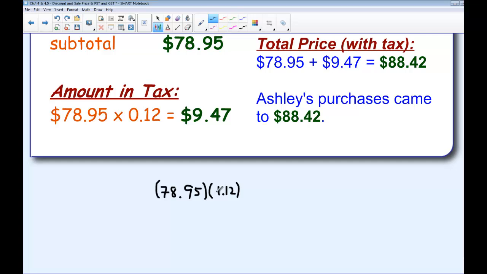This 1 then represents 100% of the $78.95, and this 0.12 at the end here, this decimal, represents then the 12% tax on top that we would be paying for tax. So therefore, if we simply wanted to know the total purchase price without having to figure out the actual amount in tax that we paid, then simply multiplying by 1.12 is enough, and we would get the same answer, $88.42.